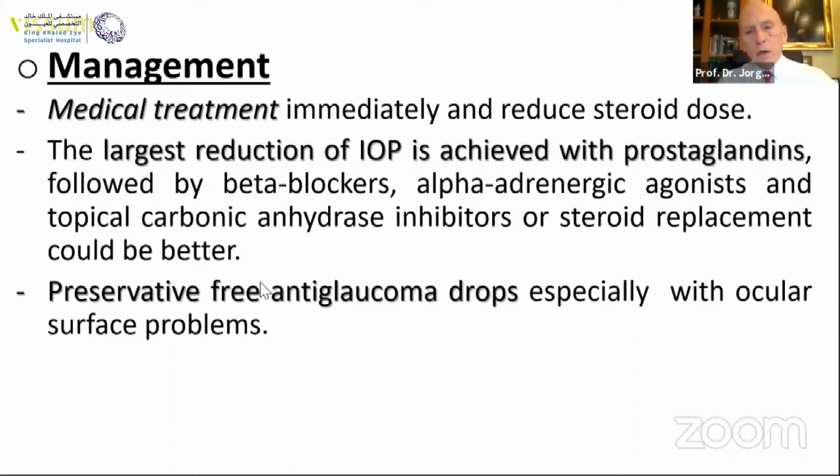The third group is alpha-adrenergic agonists, which have the inconvenience of tolerance and irritation, and problems of toxicity for the ocular surface. And topical carbonic anhydrase inhibitors are indeed the least powerful.